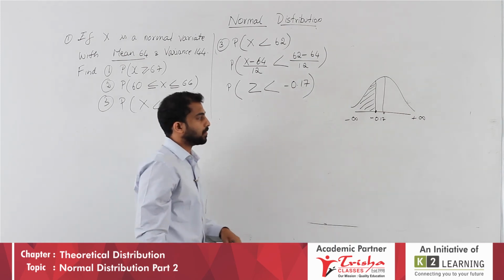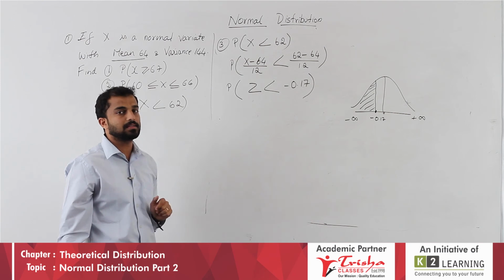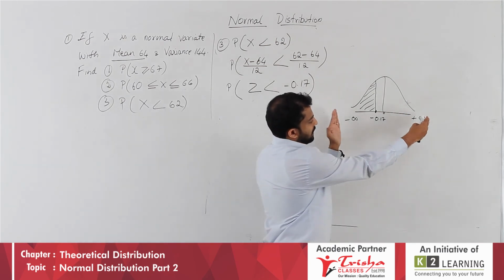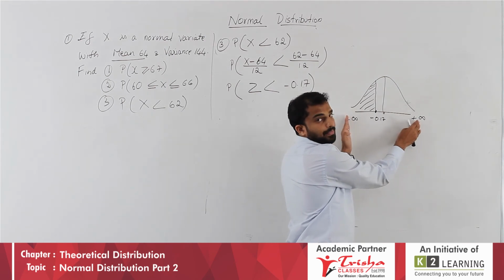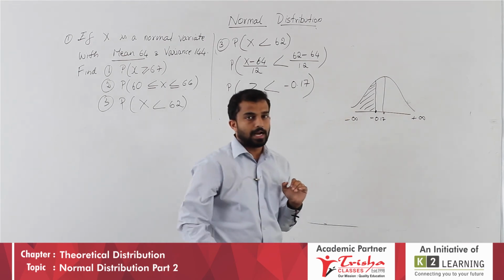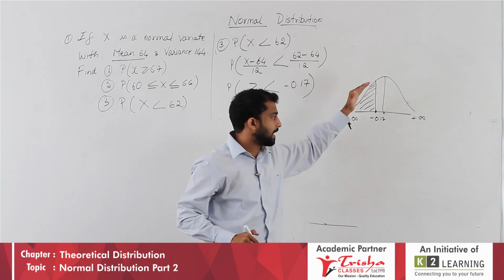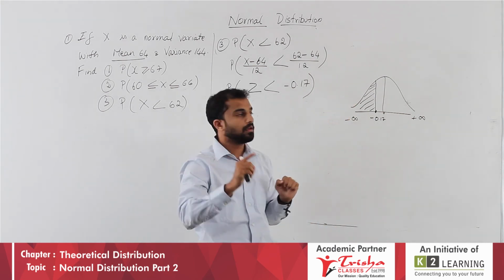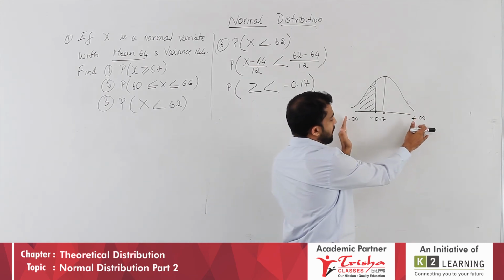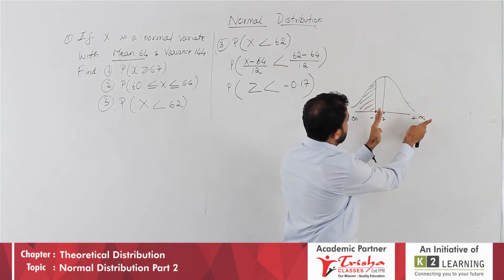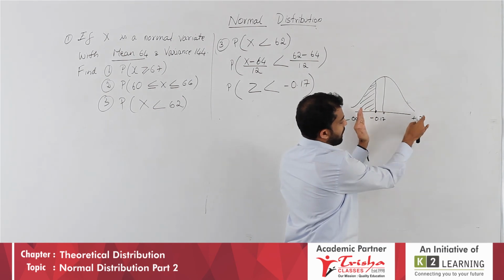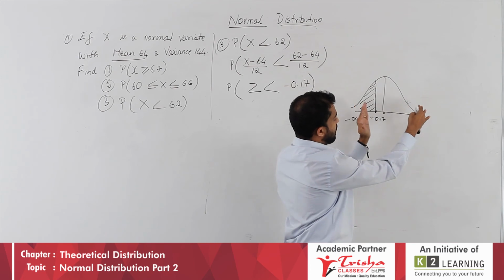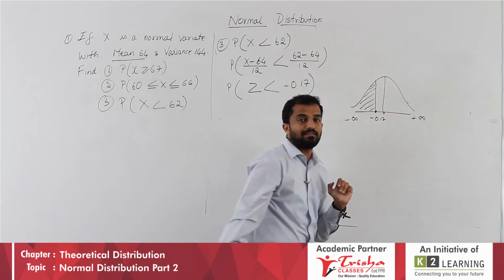But still, can we find this out? Yes, definitely we can. First we will consider the full area. How much is the full area? I told you the area under the normal curve, the entire area, is 1. So we will consider this entire area, find the area from minus 0.17 to plus infinity, and then subtract it from the entire area to find the answer.